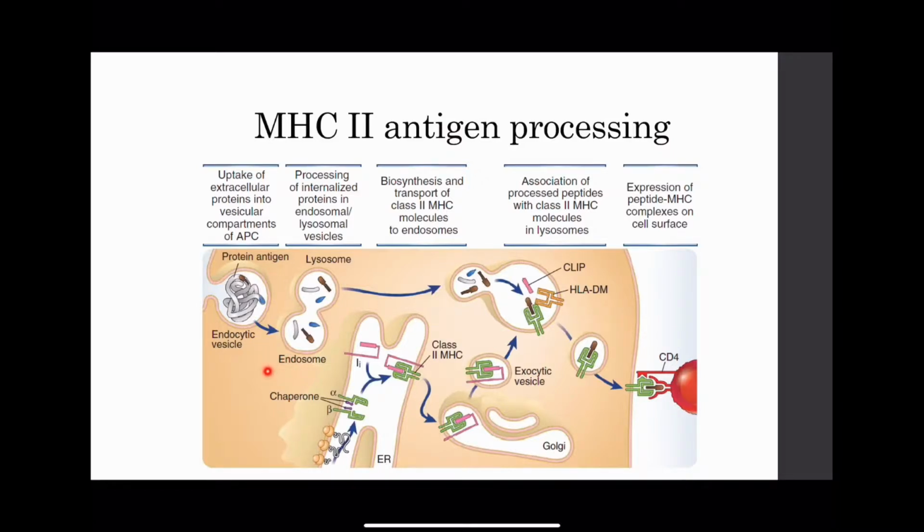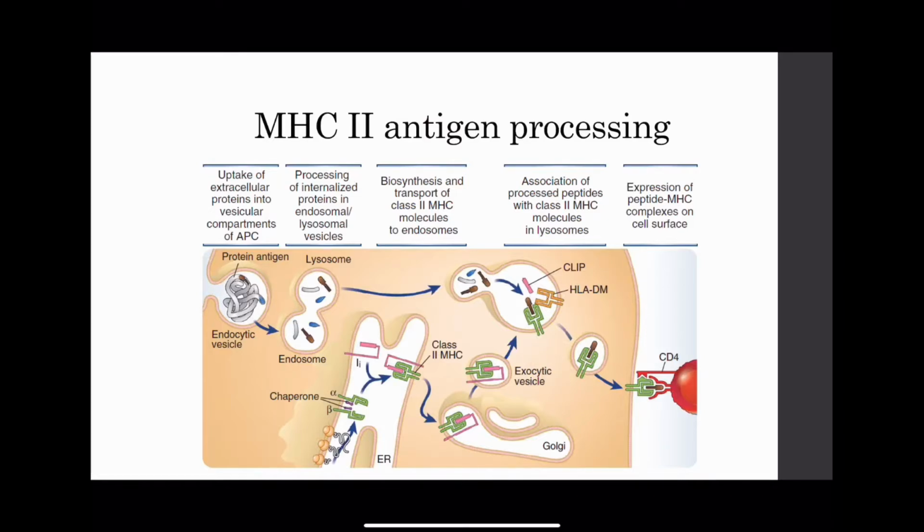The endosomes later on will fuse with the lysosomes, where degradation and cleavage will take place. At the same time, in the endoplasmic reticulum, MHC2 molecules that are synthesized there will be transported to the endosomes, as you can see here, to bind with the antigen, and they will be expressed on the surface of the cell.